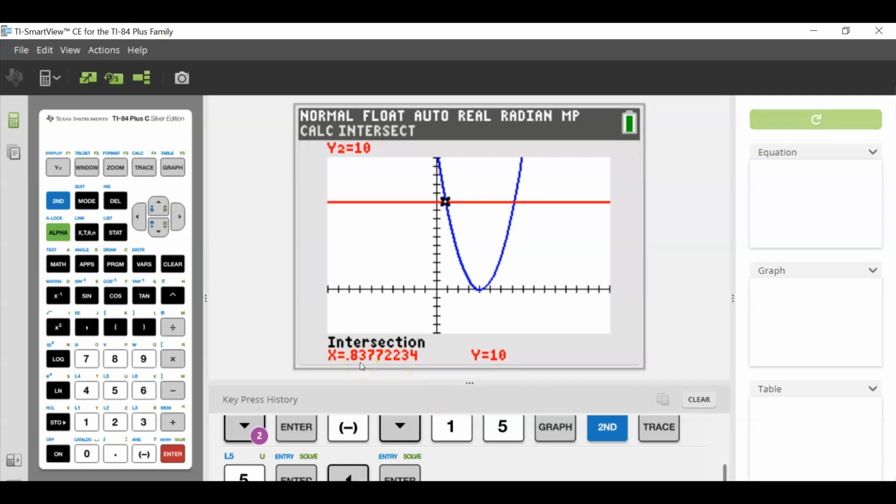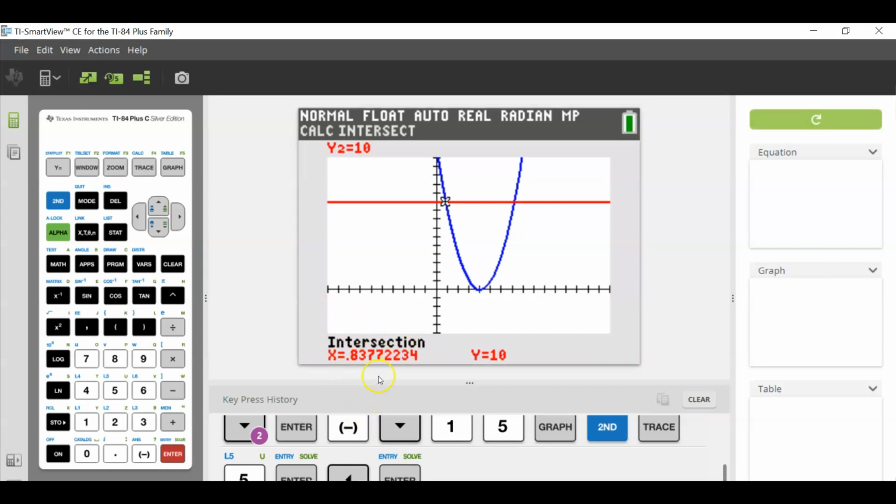Okay. So the x values are the solutions.